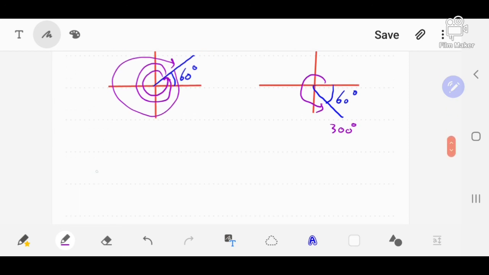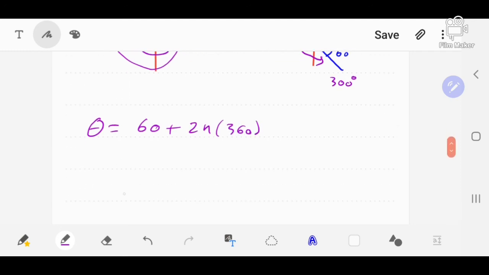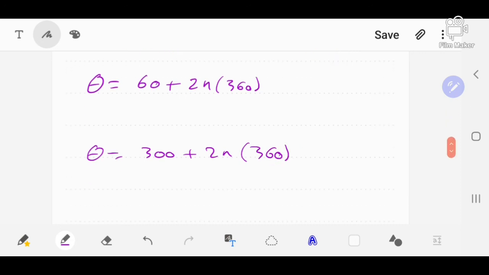So a solution will be theta equals 60 plus 2n times 360, or 300 plus 2n times 360. And as I said, this is not the final answer, since the final answer should be in radians.